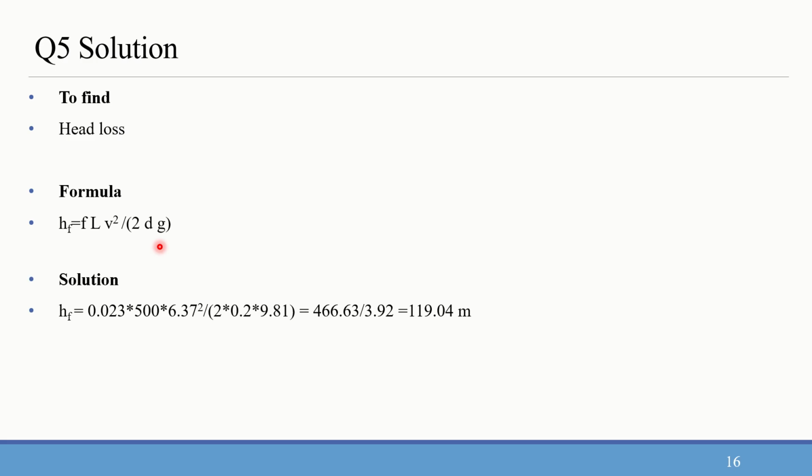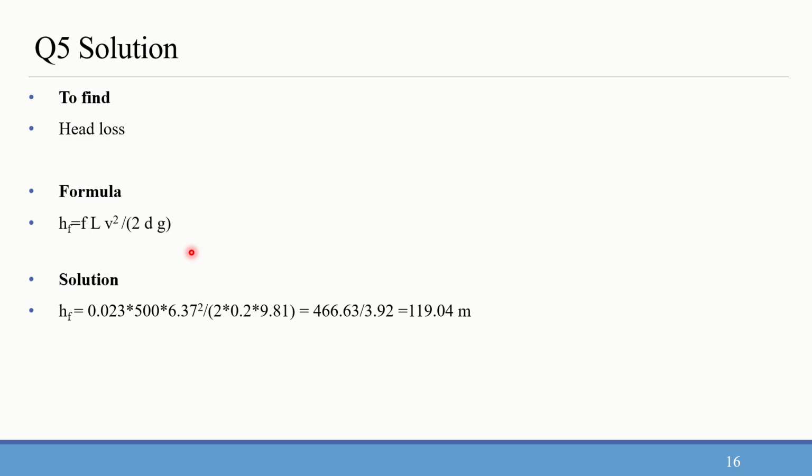Solution is hf is equal to, now we know everything, so it is just a direct substitution. f is 0.023 into L, L is 500 meter, so we put 500 into V square, V is 6.37 square, divided by 2 into D, D is 0.2, g is 9.81.